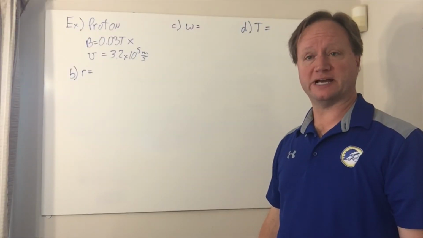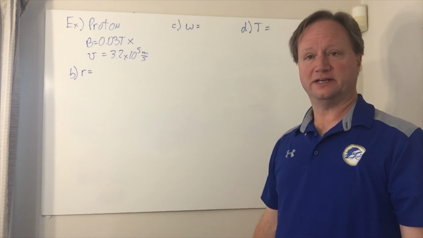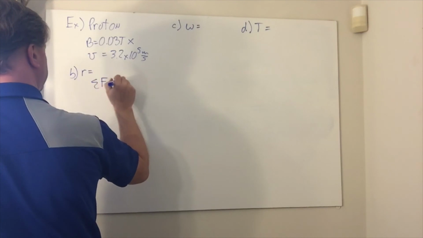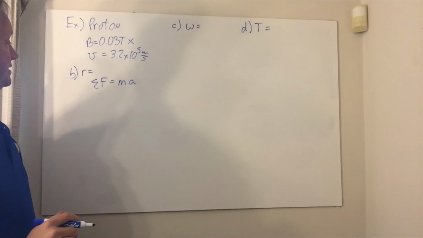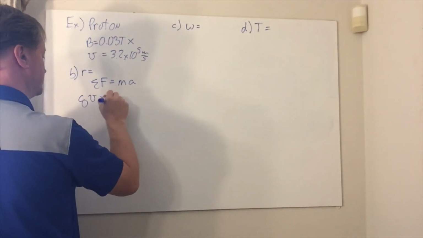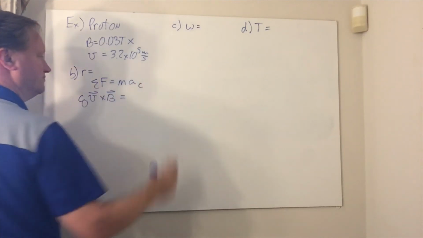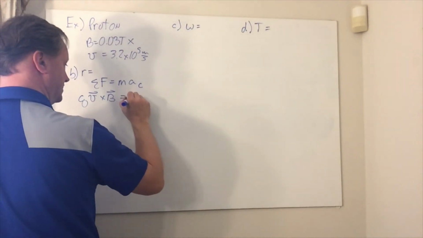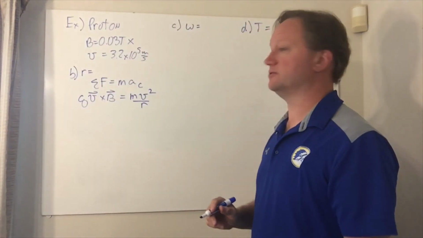Now, the first thing we want to calculate is the radius of the path. So it's going to travel in a circular path. Okay, so then when we set up Newton's second law, net force equals mass times acceleration, that force it is experiencing is going to be the magnetic force, QV cross B. We recognize it's a center-directed force, so that A is going to be an A sub C, which means we're going to plug in a V squared over R. Now it's a matter of doing algebra.